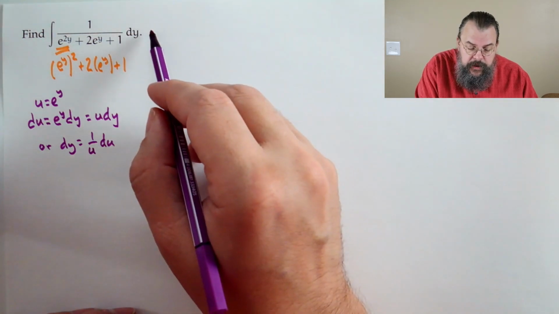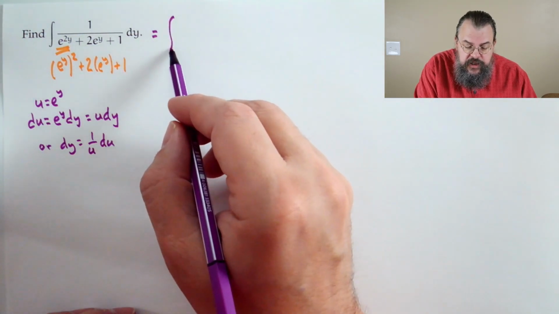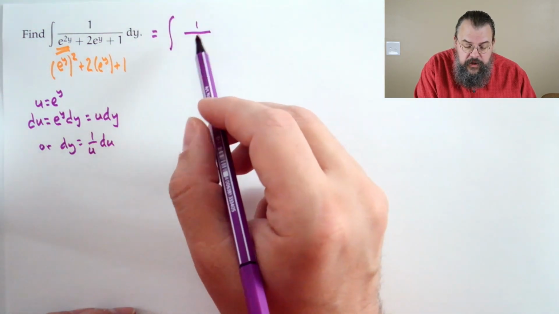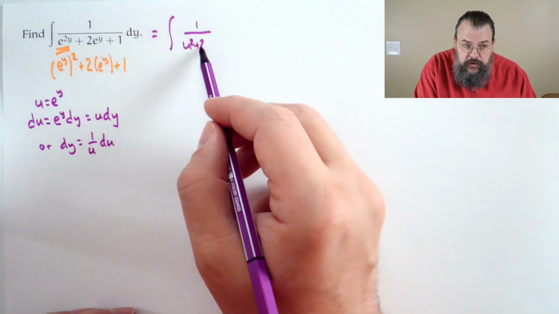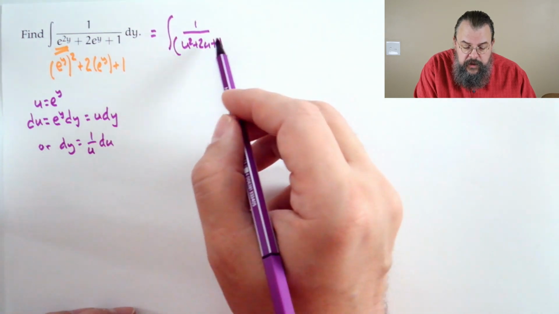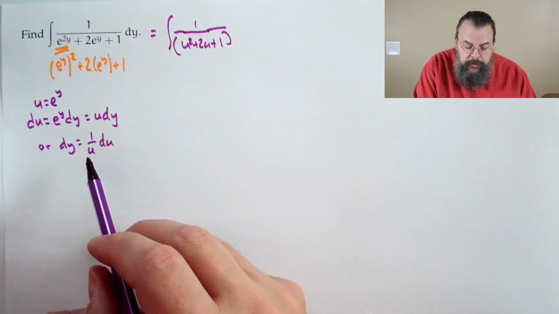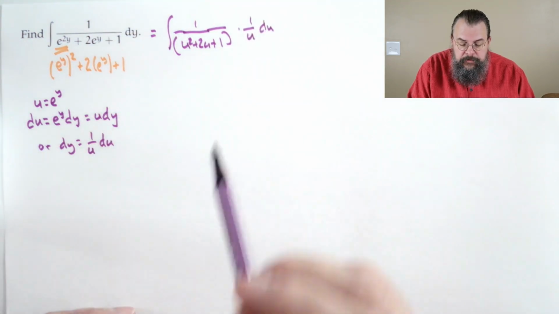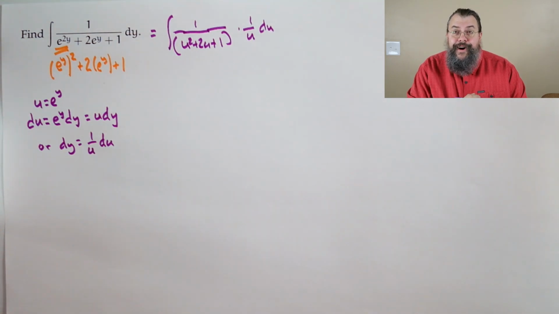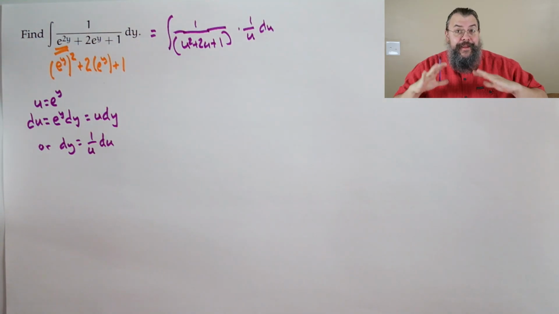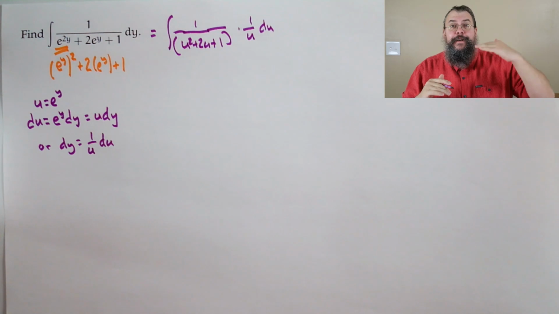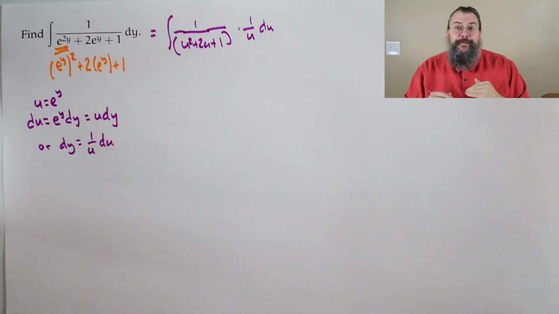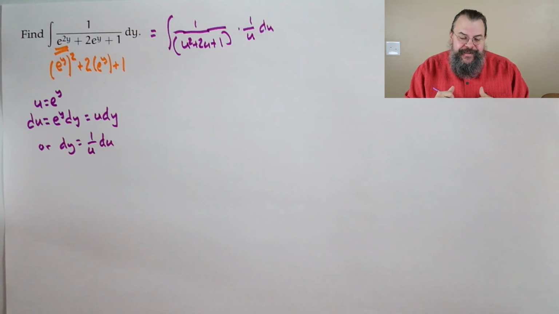So, what can we do? With this substitution, we can say, all right, we have this 1 over u squared plus 2u plus 1. That's our denominator. And then a 1 over u du. All right. And now we're like, okay, this is a nice thing. It's a polynomial, 1. 1 is a polynomial over a polynomial. Good. Life is great.